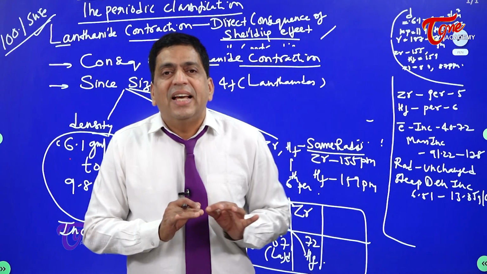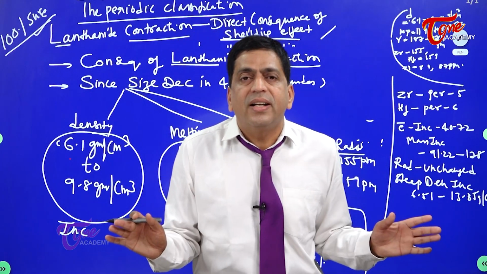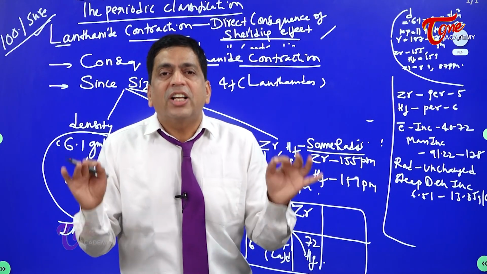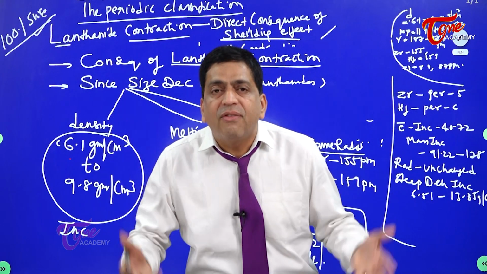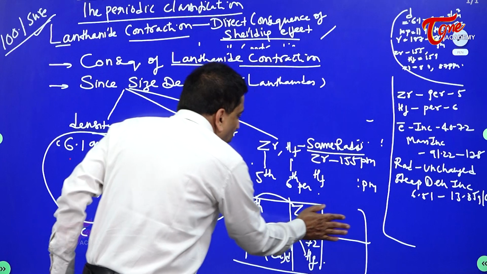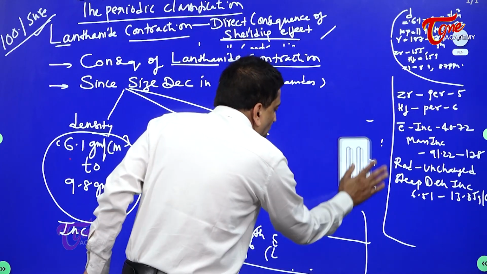This question is asked many a number of times, 100 times you will get it in exam. The direct consequence of lanthanide contraction is that zirconium and hafnium have same radii. And I would like to say two things about them. Watch carefully here.